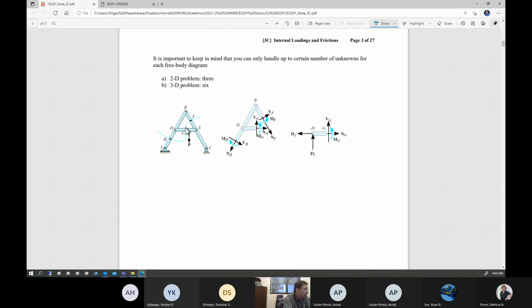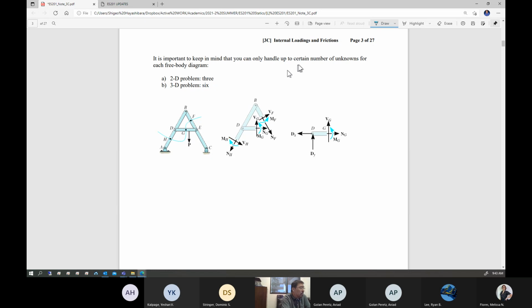Every time you introduce your cut, you're going to introduce three unknowns. In other words, normal force, shear force, and bending moment at each cut section. So it is going to make it more complicated to solve the problem.